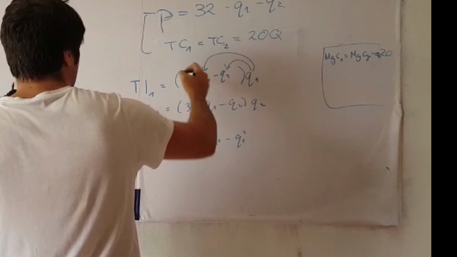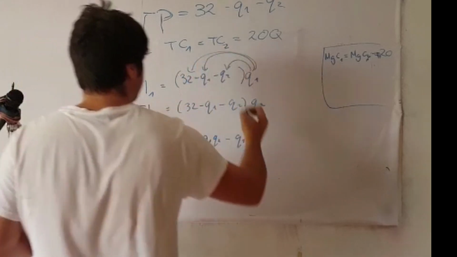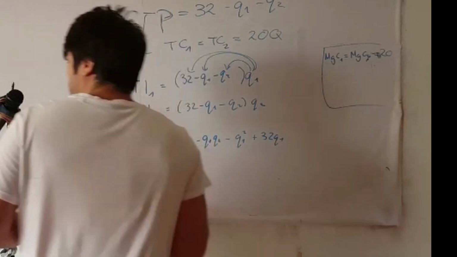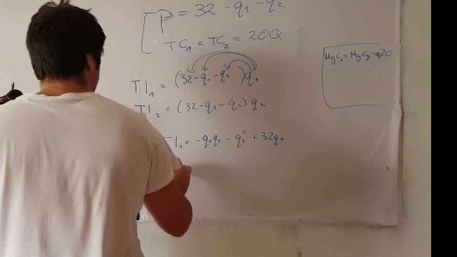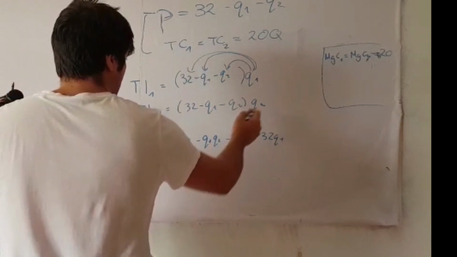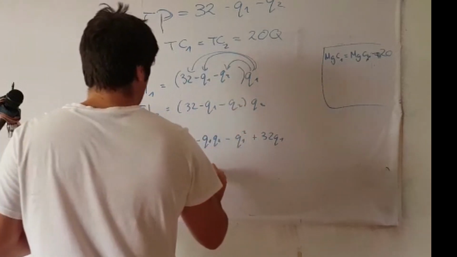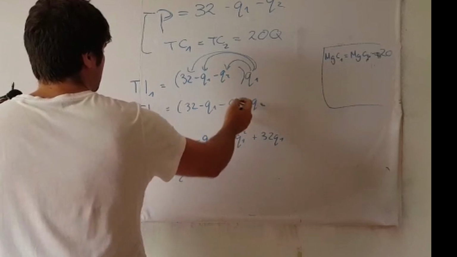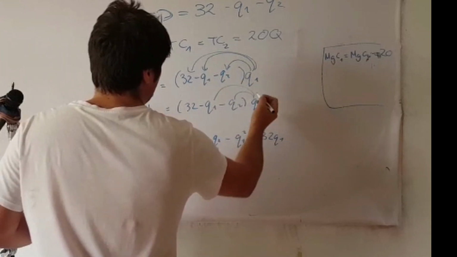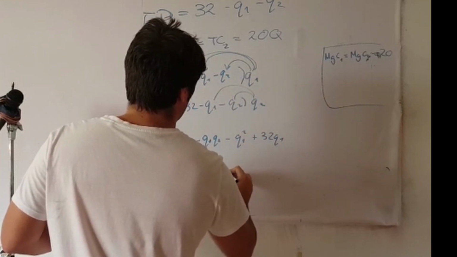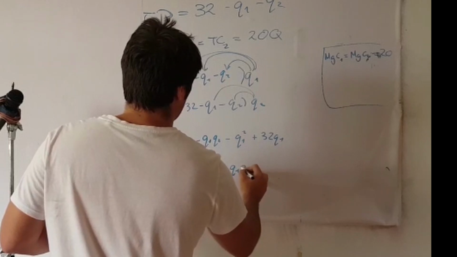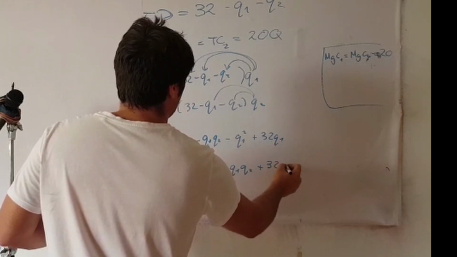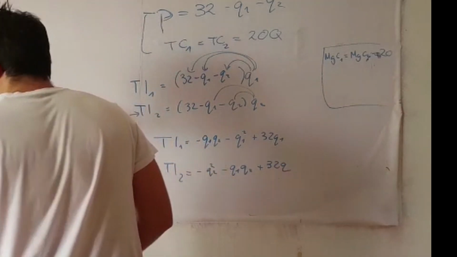And Q1 is going to be multiplying 32. We do the same with this one here. Q2 multiplies Q2, so it's going to be squared. And there we go.